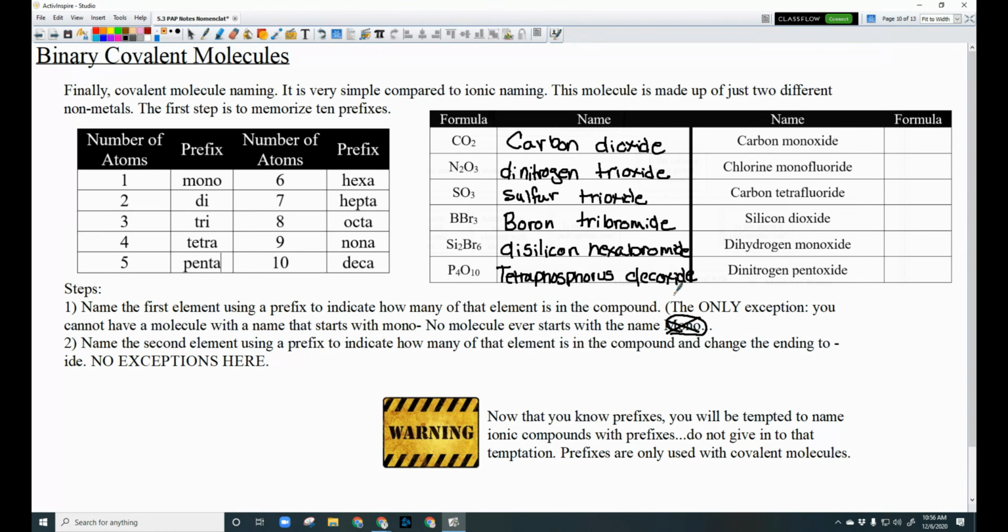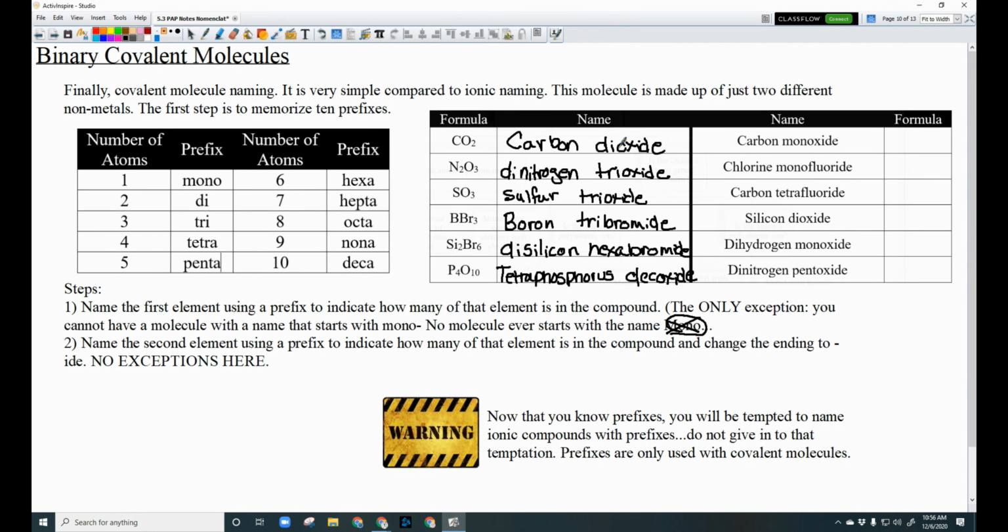Okay, decoxide. Or you could say decaoxide. You could put the A in there, but usually I see it where it's the 2. If you have 2 vowels here between the prefix and the element, one of those vowels is dropped. So it's decoxide.